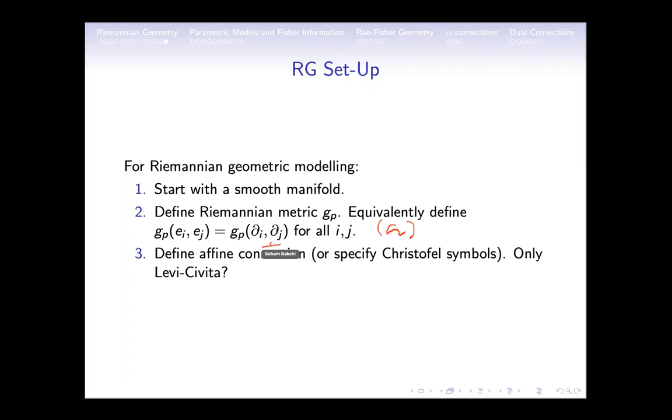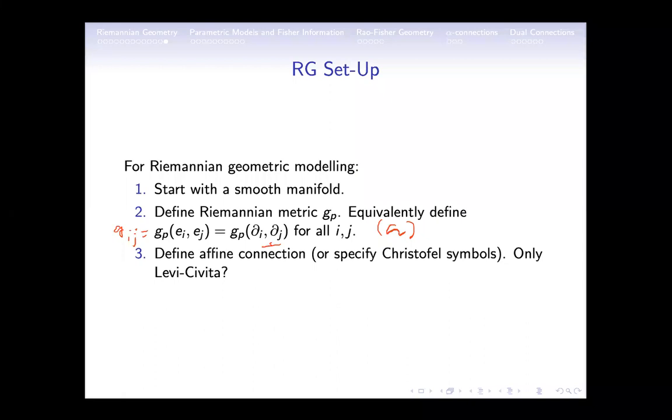So to start modeling, we need to get some good function Gij of P, replacing this G matrix with something which satisfies the properties.